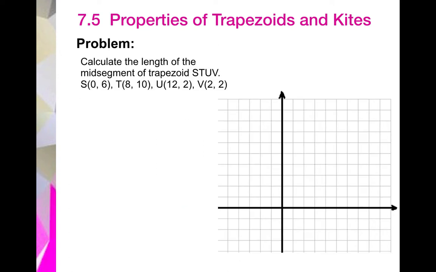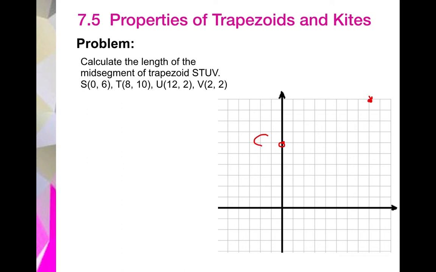Let's calculate the length of the midsegment of this trapezoid. Well, first of all, we need to graph it. So 0, 6 is right around here. Then 8, 10 which is right around here.